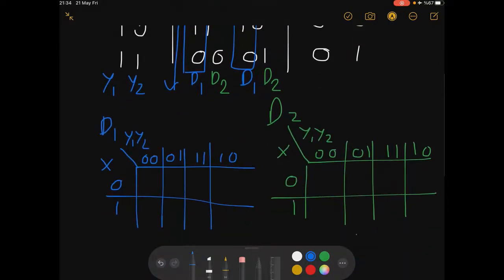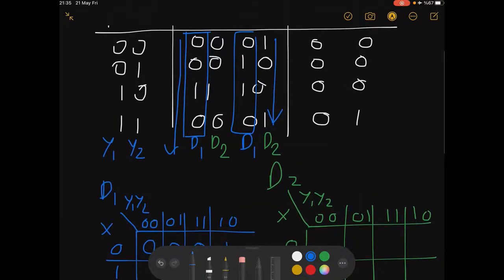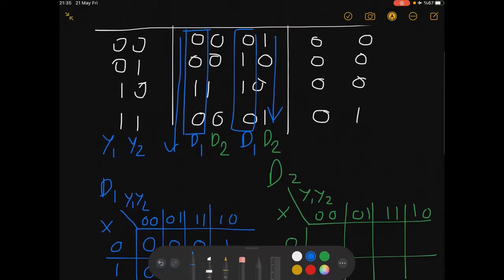But in gray coding, 0, 0, be careful, 1, 0. And for this one I will write it like this, the blue one, 0, 0, 0, 1, 1, 0, 0, 1, 1, 0. All right, and for the green one I will do the same.